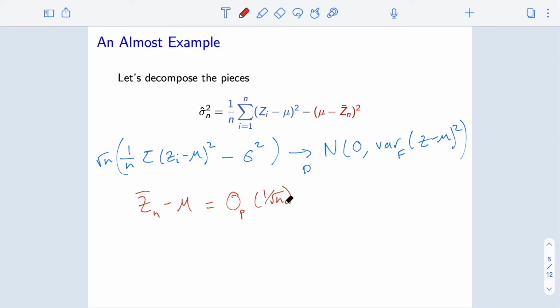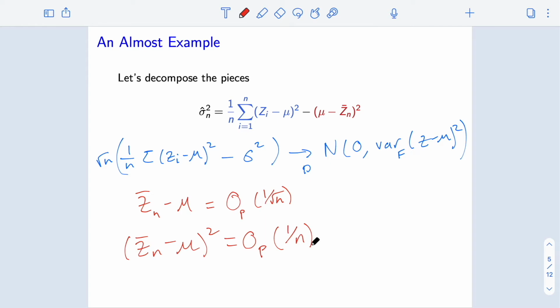In addition, however, because this piece is squared, if we square this, it basically converges to 0 at double the rate. So 1 over square root n, squared, becomes 1 over n. We showed results related to this before, that if you have two sequences converging to 0 and you multiply them, their rates then multiply.